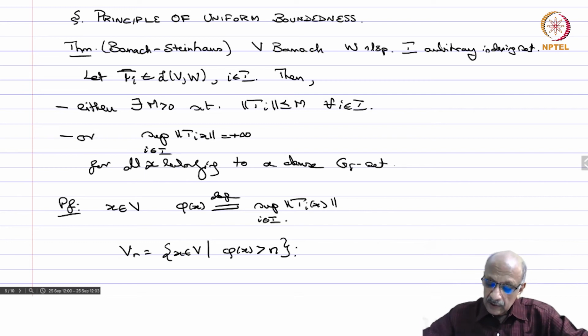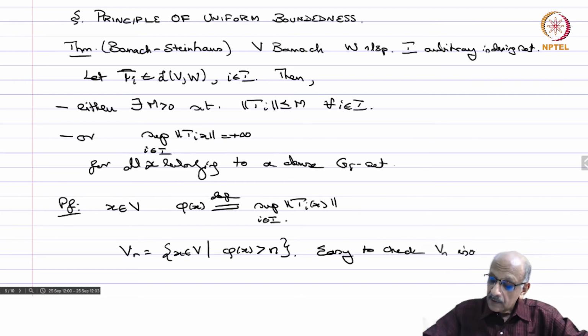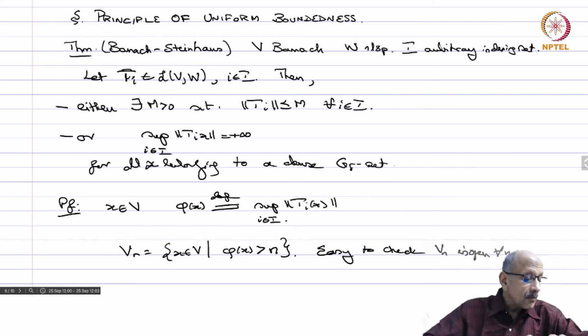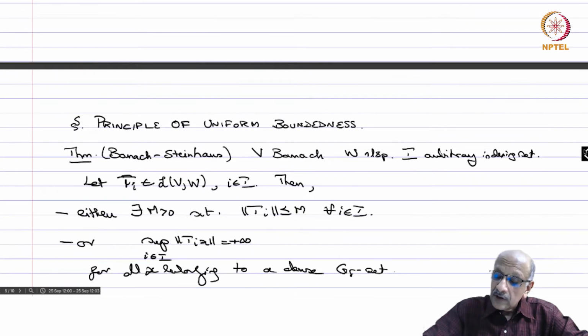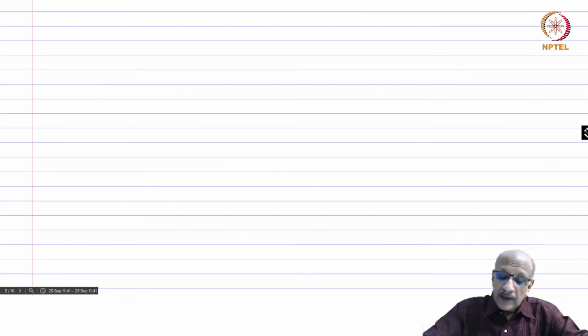Now norm is a continuous function, Ti's are all continuous functions, and therefore one can easily check, so easy to check, Vn is open for all n. So now one of two things only can happen, namely all the Vn's may be dense or there may be a Vn which is not dense.